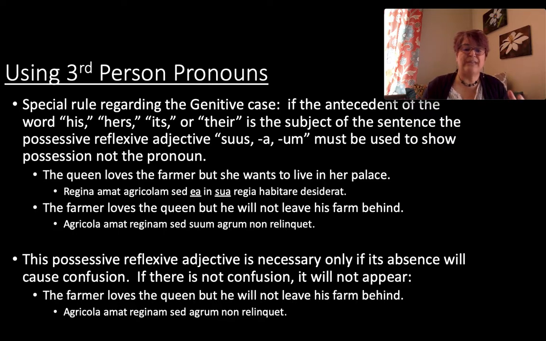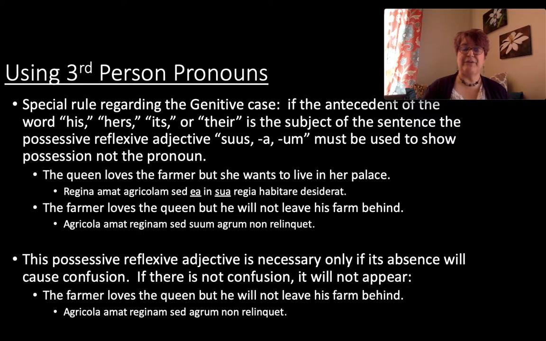Yet we understand that it is the farmer who's not willing to leave behind his own farm. We understand that even without the presence of suum. So you'll see that the author will use the reflexive adjective only if he is trying to eliminate confusion or if he wants to emphasize the idea of the fact that it is the subject who owns this item that is being described.